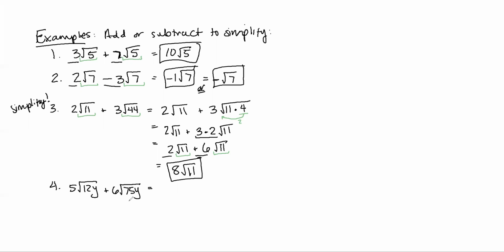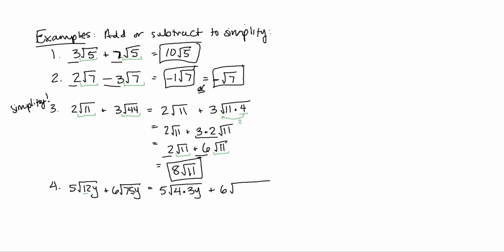So if we look at this 12 in the front first, that's not a perfect square, but I can split it up so that it's the product of a perfect square and some other number. So we'll leave the 5 in the front, and then 12 is divisible by 4. So we're going to write this as 4 times 3, leave the y. Now our second radical here, leave the 6 in the front.